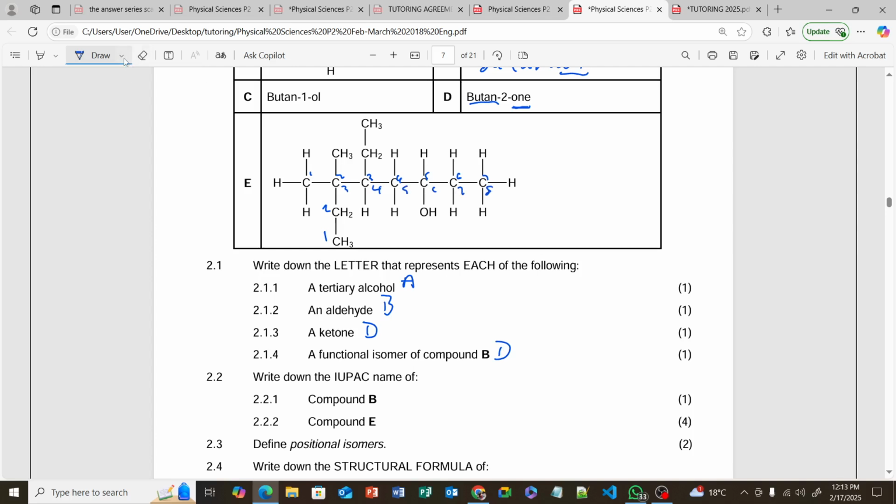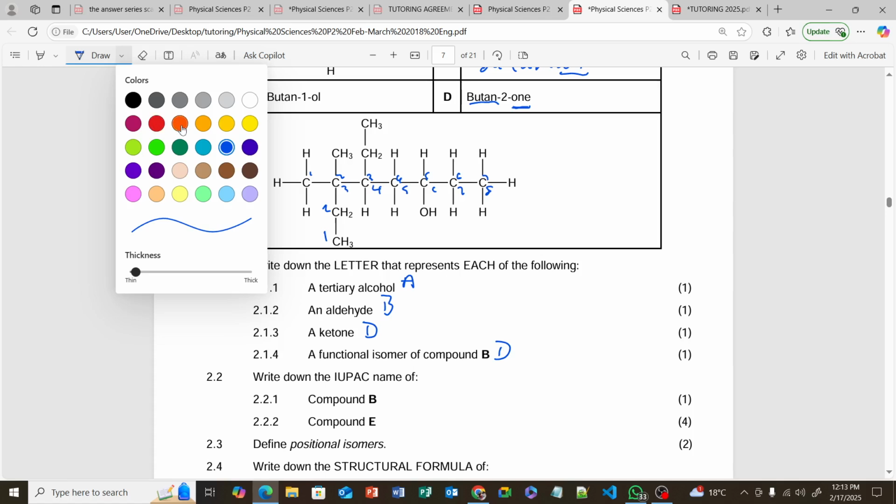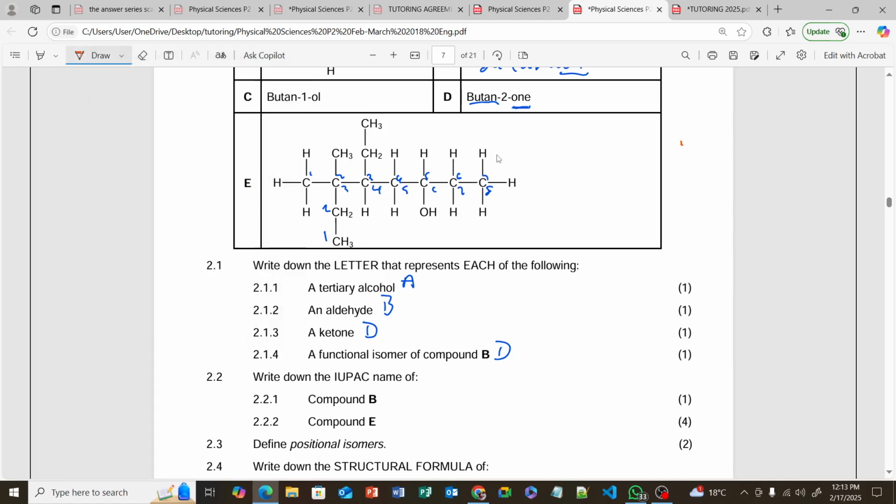So we can count 8. So far it is the longest. Now if I'm counting from this side, it's 1, 2, 3, 4, 5, 6, 7, 8. So if I'm counting from right to the left, the first branch will be at carbon number 5. When I'm counting the other way around, the first branch will be at carbon number 3.